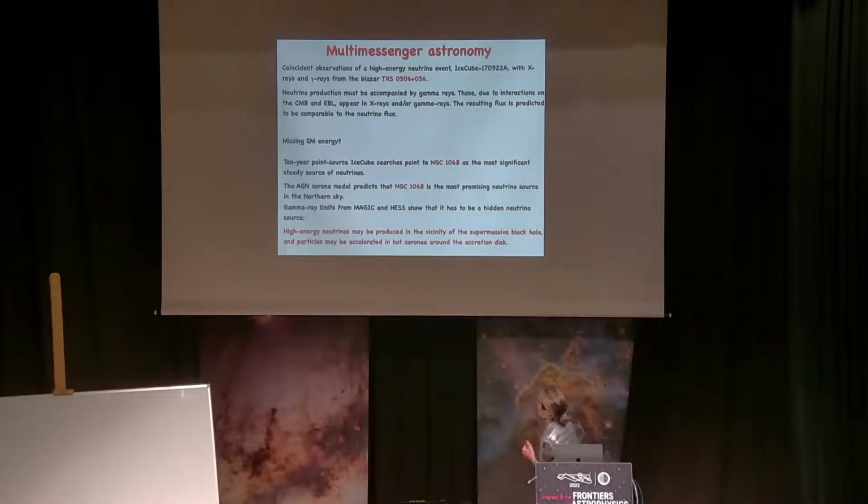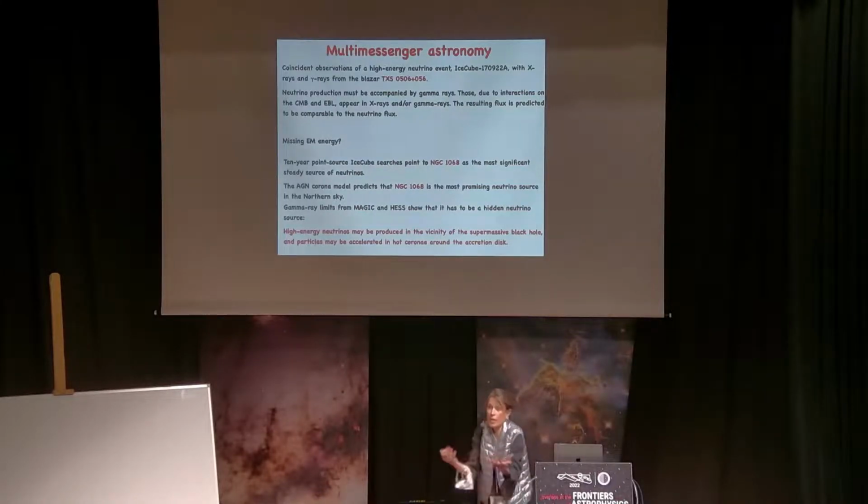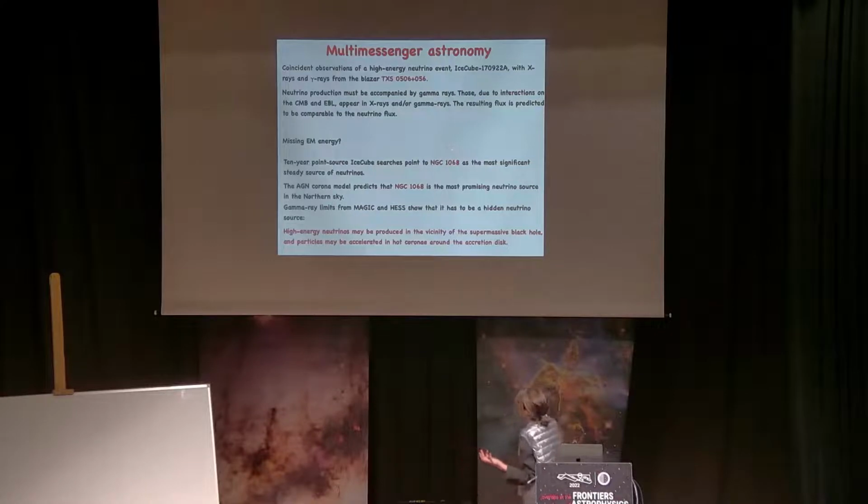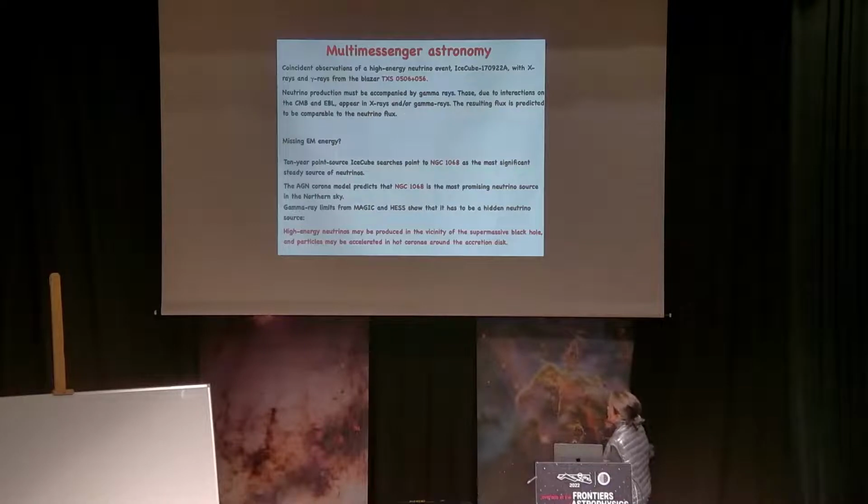Some time ago, there were coincident observations of a high energy neutrino event and also X-rays and gamma rays from a blazar. Neutrino production should be accompanied by gamma ray production. But maybe these gamma rays, due to the interaction with the CMB and the extragalactic background light, appear as X-rays or gamma rays.